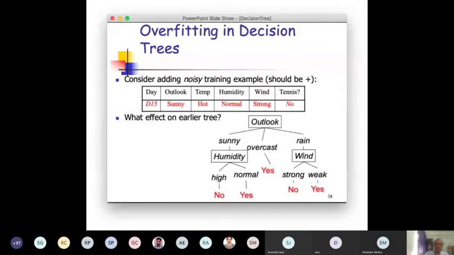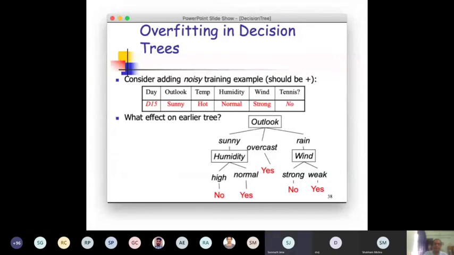If you consider the previous tree, and if this example was not there, what would have been the label?